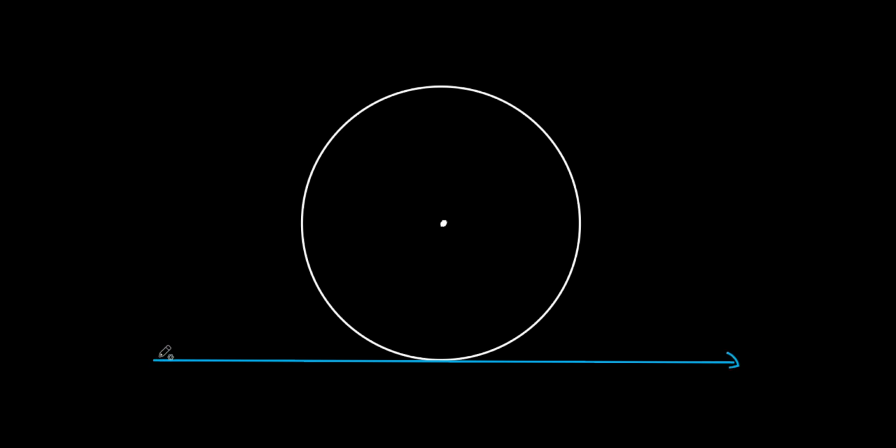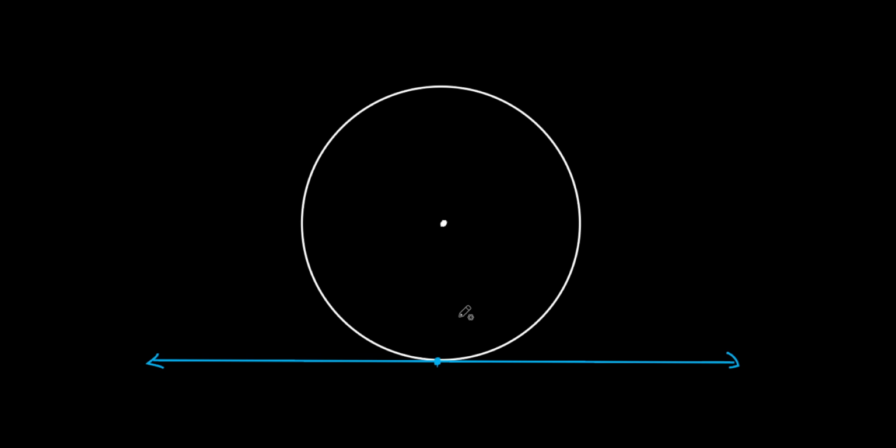I'm not necessarily always going to put arrows at the end of these, but think of them as lines, just because of the time it takes. So if a line is tangent to a circle, do I have that in this situation? Yeah. All right, there's the point of tangency, okay? The theorem says this.